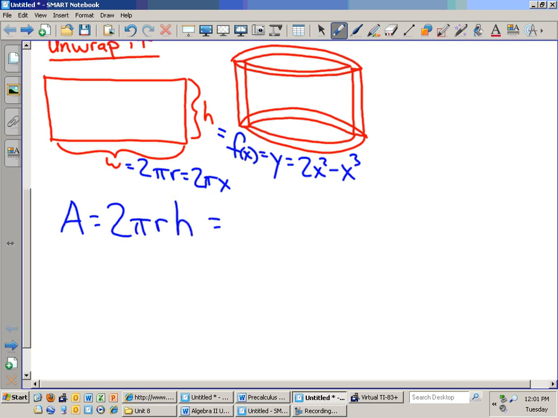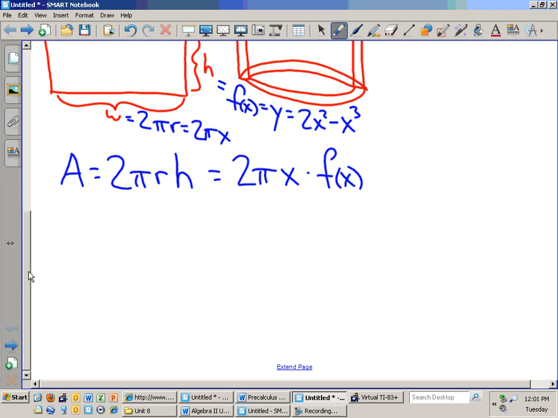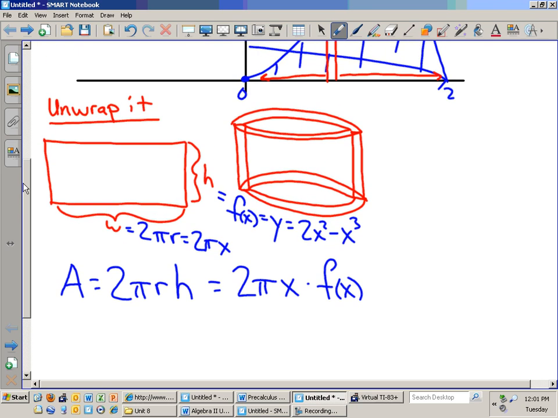In this situation, we figured out r to be x, and we figured out h to be f of x, our function. What is the width of this rectangle?